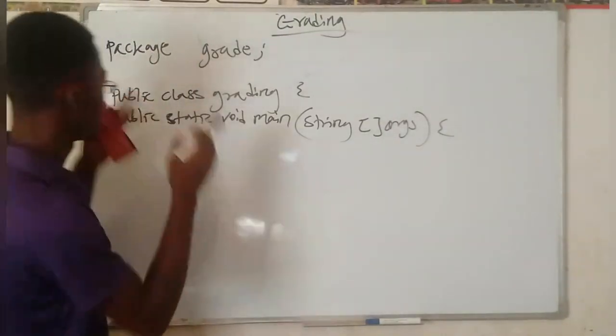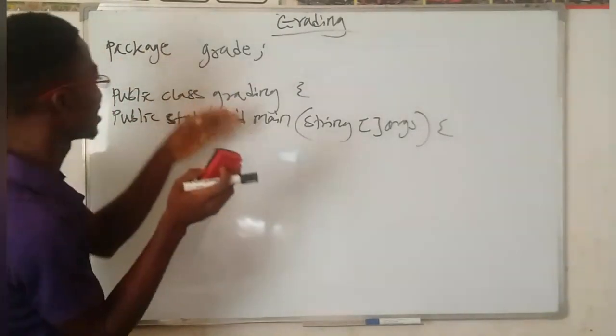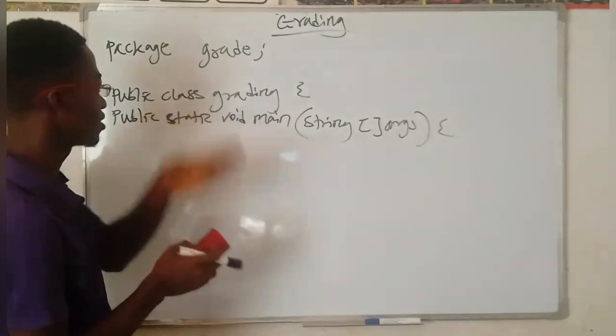This is the first thing you find after you have named your class, have got the package, and opened the class: the package, the public class, and public static void main.